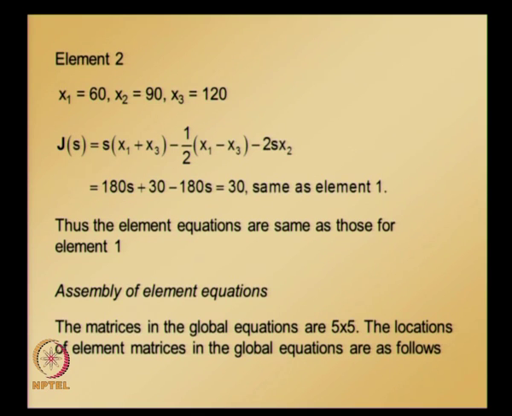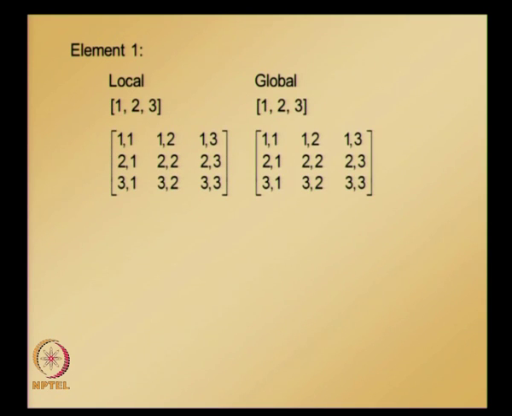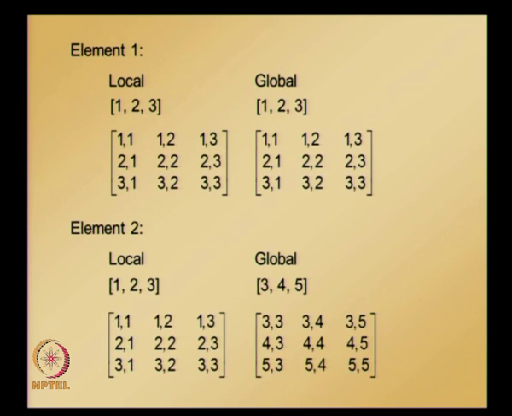So the matrices in the global equations are 5 by 5. Locations of element matrices in the global equation are given here, the contribution from element 1 where it goes into the global equation system, and contribution from element 2 where it goes into the global equation system. So local to global relation is given.